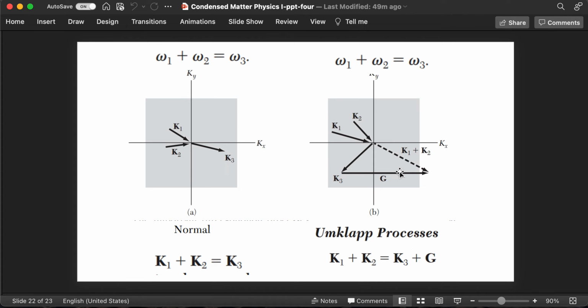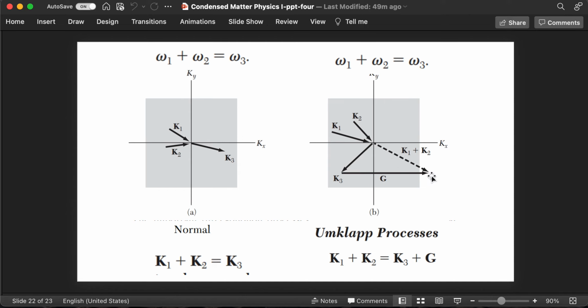So that process is called the Umklapp process. Umklapp means in German to turn back. So let's consider two wave vectors k1 and k2 combining to form a new k vector k1 plus k2, but that k vector is long and falls outside the first Brillouin zone here.